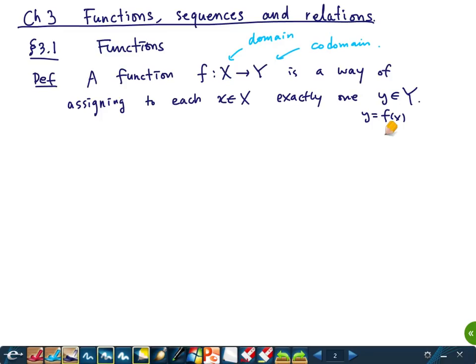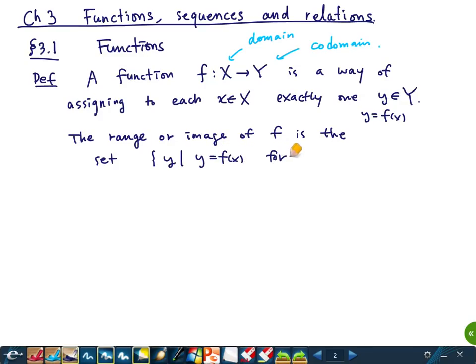And a function has a range. The range, or image, of f is the set of this form y, where y equals f of x for some x in the domain.